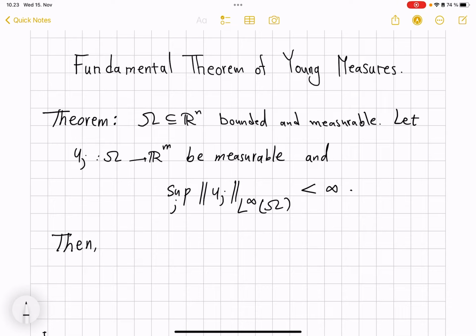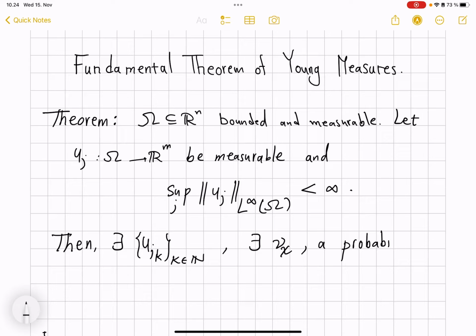Then there exists some subsequence of the original sequence, and there exists some association of measures to every x in omega. There exists ν_x, where ν_x is a probability measure.